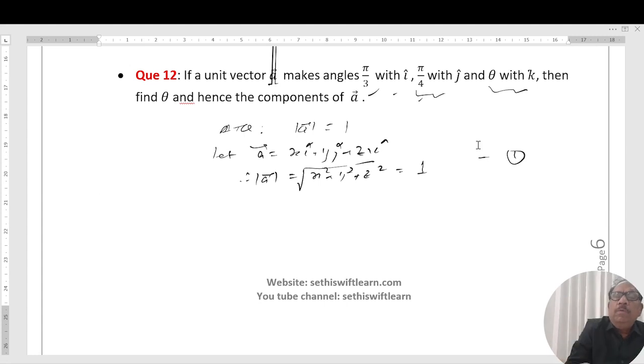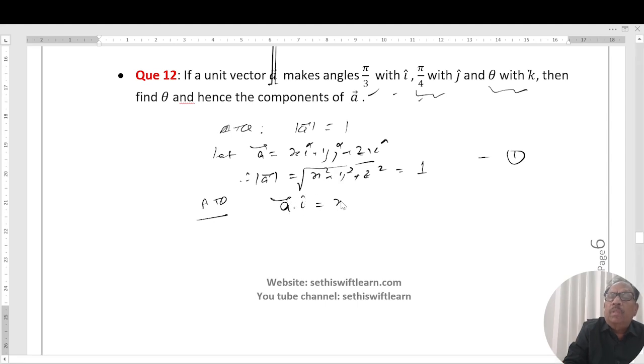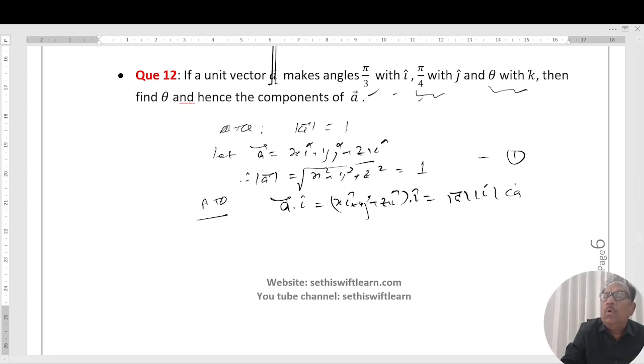Now, according to the question, A dot i, that is (xi plus yj plus zk) dot i, equal to magnitude of A, magnitude of i, into cos of theta.